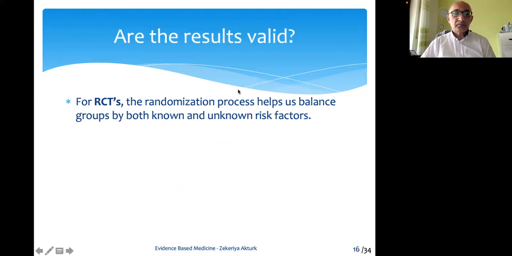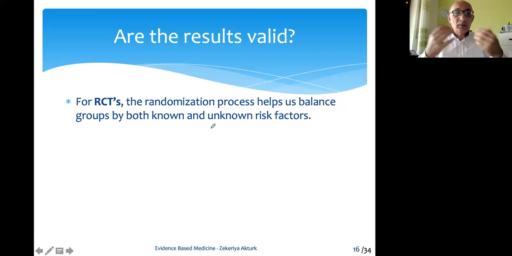What else? For RCTs, randomized controlled studies, the randomization process helps us balance groups by both known and unknown risk factors. It is easy for RCTs: before starting the study, you are able to select your groups, the treatment arm and the control arm. You can decide they have certain age limits, so they will be similar age groups, similar sexes, similar whatever.